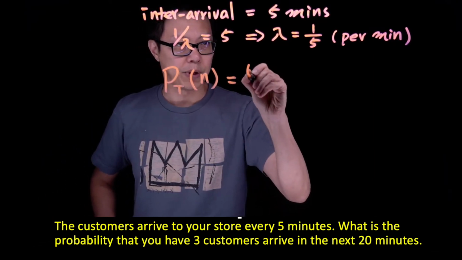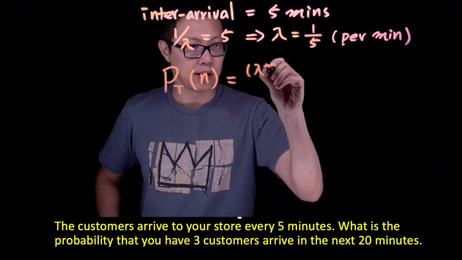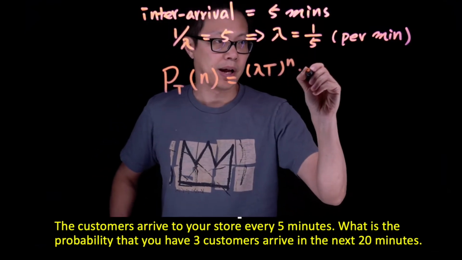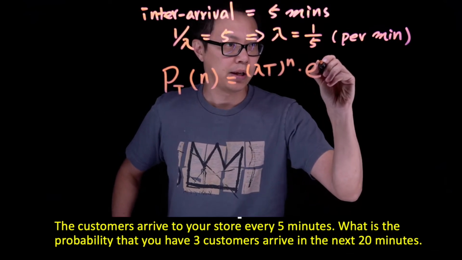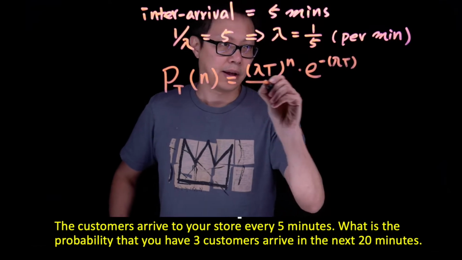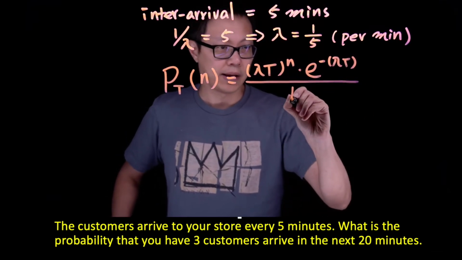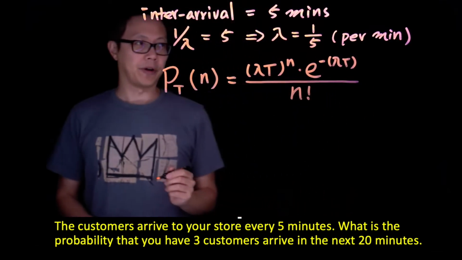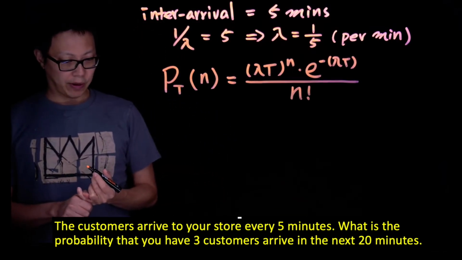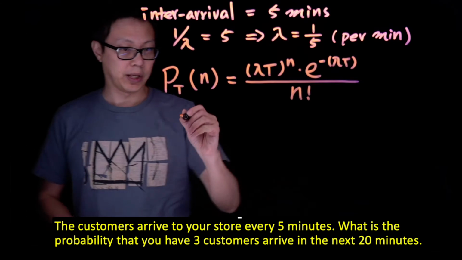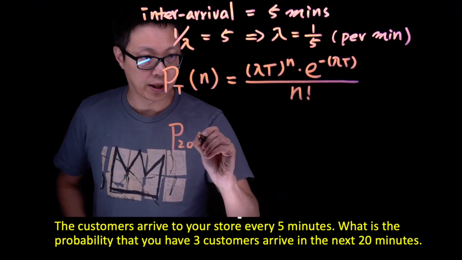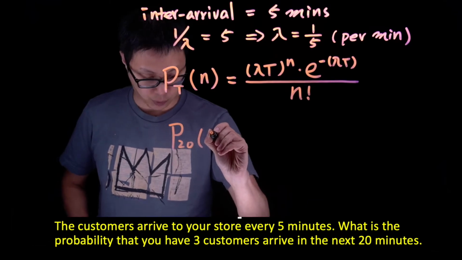And it will be lambda times t to the power of n multiplied by exponential negative lambda times t divided by n factorial. Okay, so if we want to calculate the probability that you have 3 customers arrive in the next 20 minutes, basically we want to calculate P20 of 3.